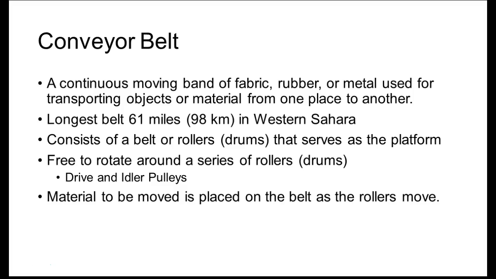Normally, for each belt, we have a drive drum, and then all the other drums will be what we call idlers, right? Y'all understand that? The drive will be run through belts, or it might be direct drive, or it might be running from a gearbox. Then material to be moved is placed on the belt as the roller moves.